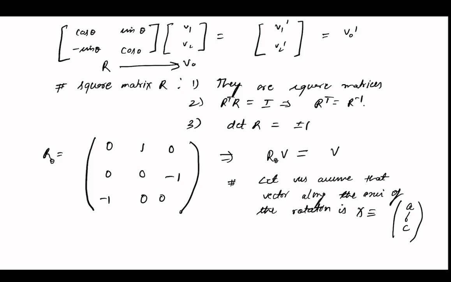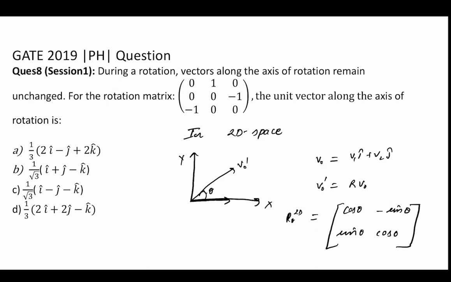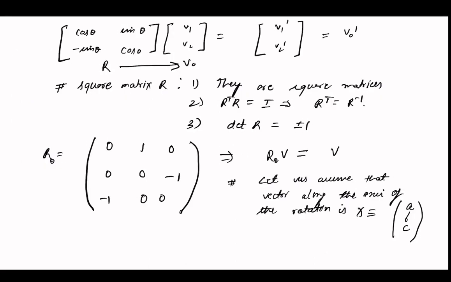The vector remains unchanged. So this rotation matrix is just giving the original vector. So this satisfies this equation.